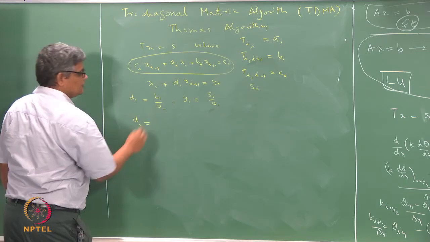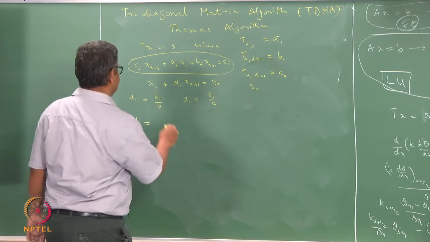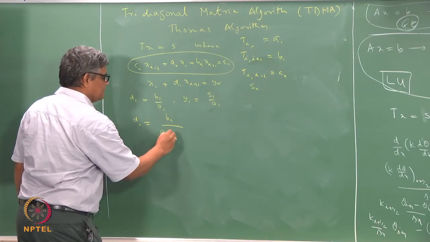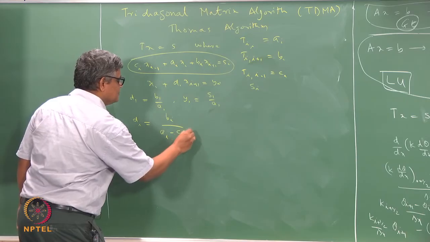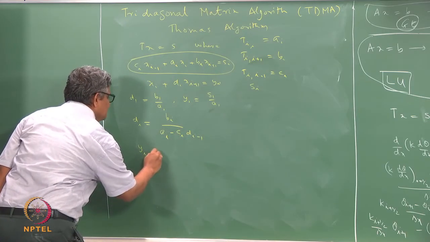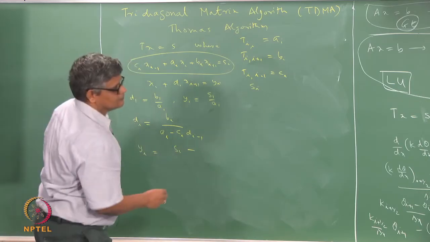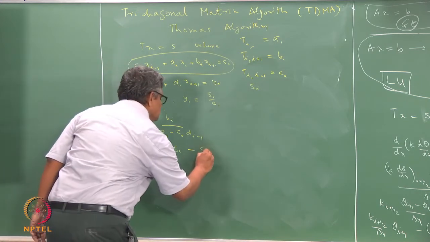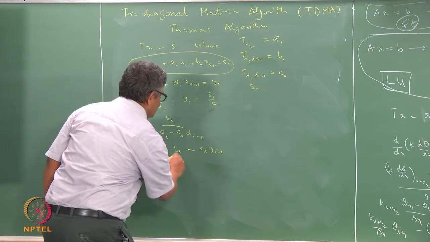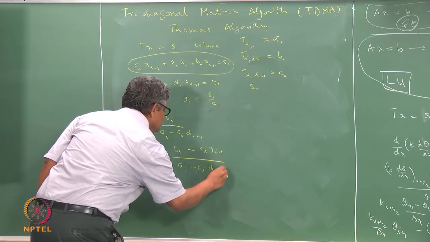And we have di given by bi divided by ai minus ci times di minus 1, and yi is si minus ci yi minus 1 divided by ai minus ci di minus 1.